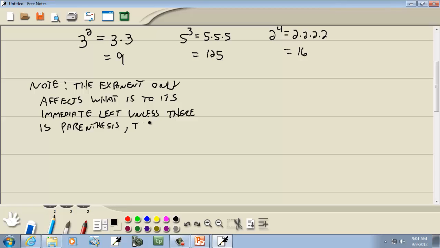Then it affects everything inside the parentheses. I wish I could write a little bit faster. Okay, then it affects everything inside the parentheses.